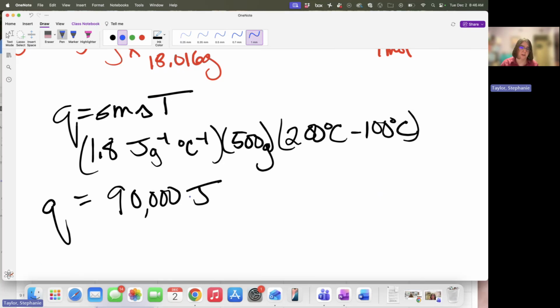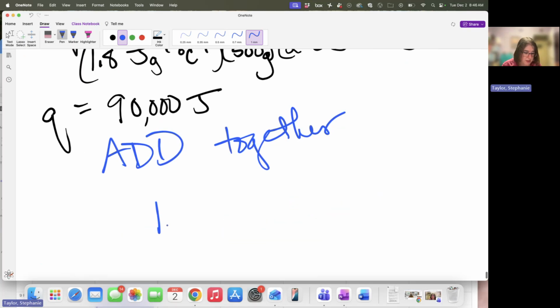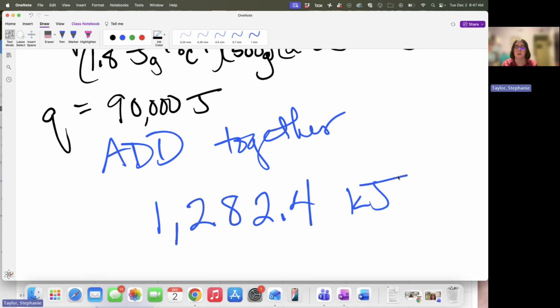And after I add all of those together, we get 1,282. Technically 0.36. Well, 0.4 is fine. Kilojoules. So do notice that most of that actually comes from the boiling, because boiling does require a lot of energy. So that is where the majority of that came from.